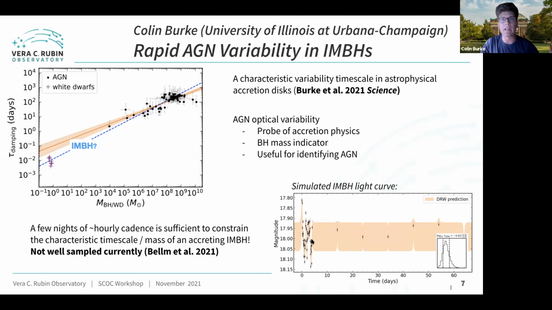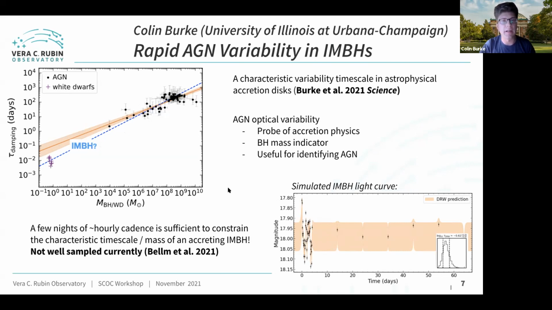These are idealized light curves, but we only need a couple nights of hourly cadence to constrain the time scale pretty well, even if the cadence after that is quite sparse. So that's quite reassuring, and hopefully this can be an interesting way to constrain the mass for potentially an accreting intermediate mass black hole or low mass supermassive black hole with active variability.